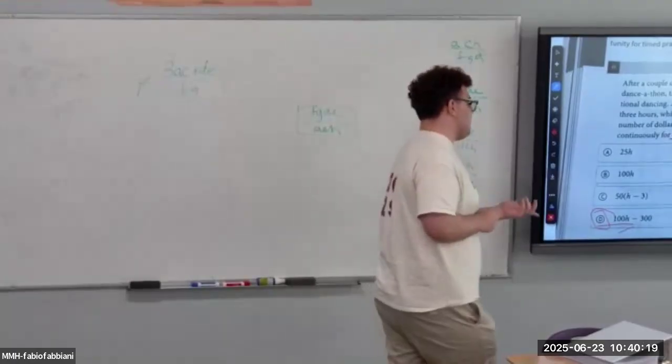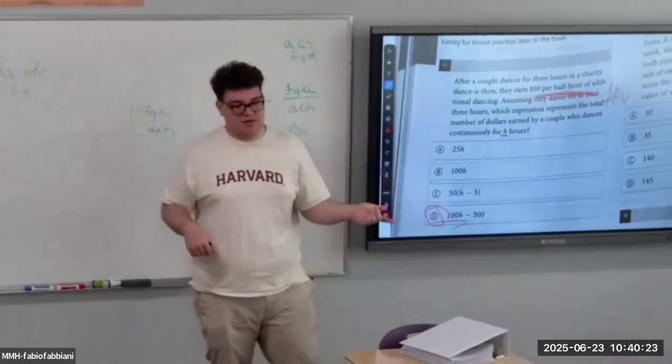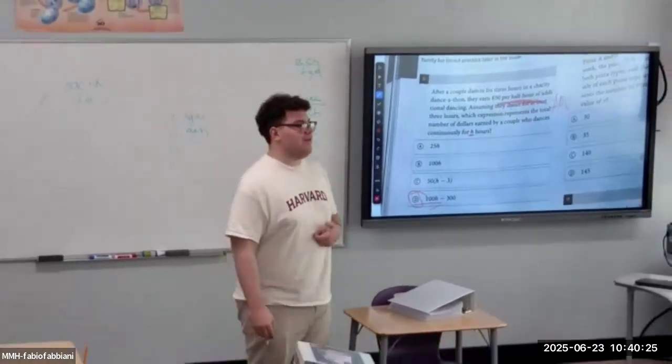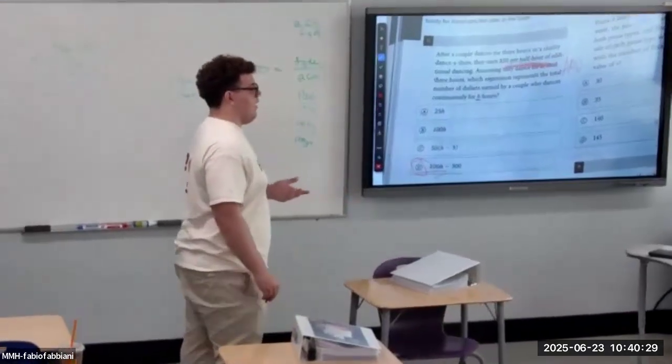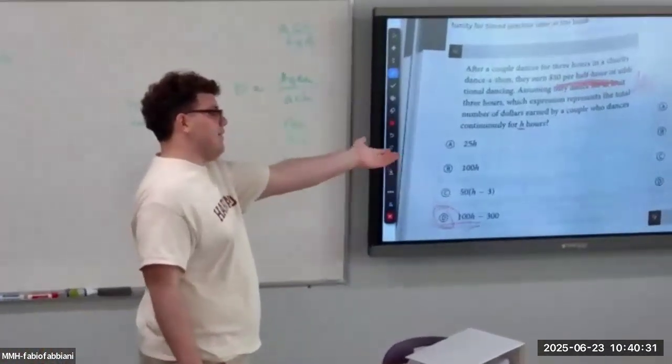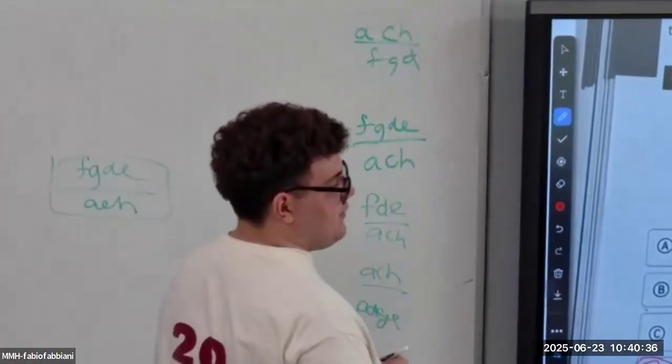If you dance less than 3 hours, this wouldn't be true at all, because no matter if you dance an hour or 3 hours, we don't pay anything, and we don't have to pay them back, and we're not earning money because it hasn't been more than 3 hours.